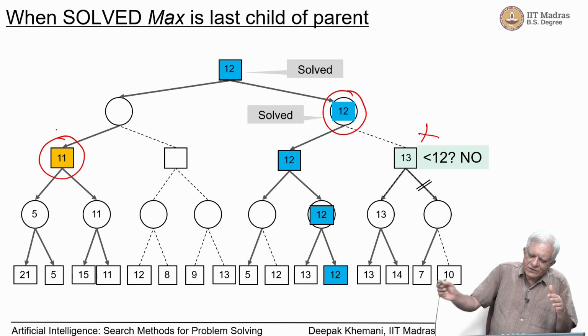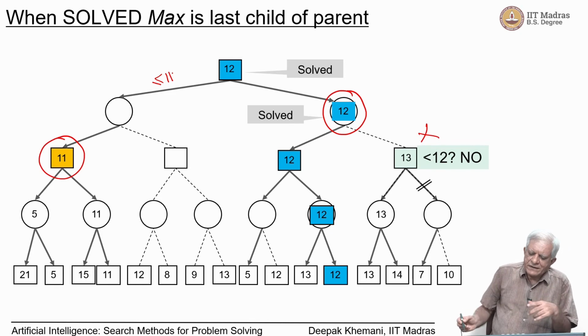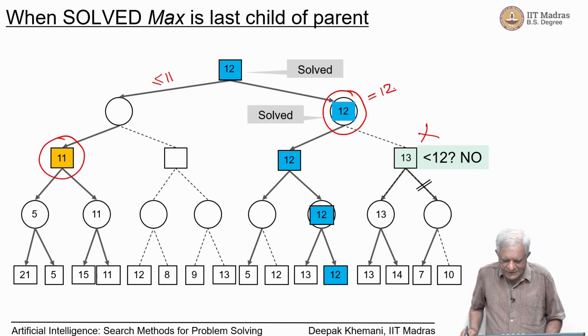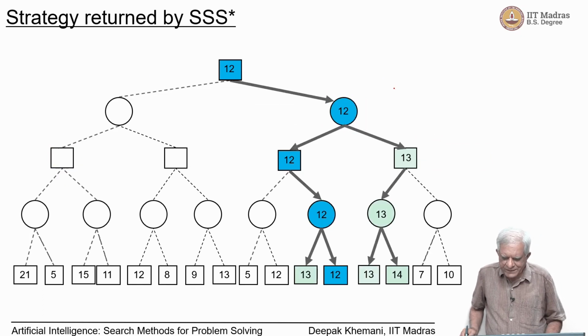So, max knows that from this direction it is going to be less than or equal to 11, and it knows that this is equal to 12, because now this is solved essentially. So, it is going to just ignore this other left branch and accept the value from this min child, and the value is 12, and at that point we can say that the root is solved, and we will terminate the search with that.